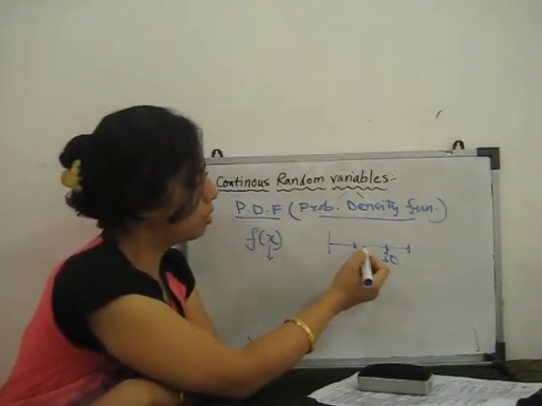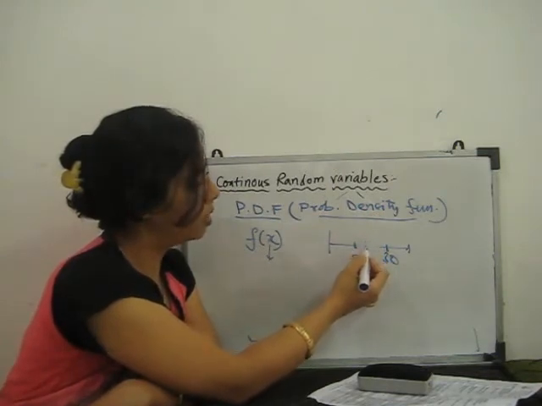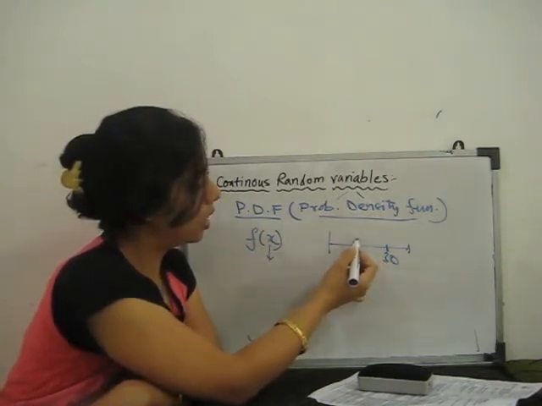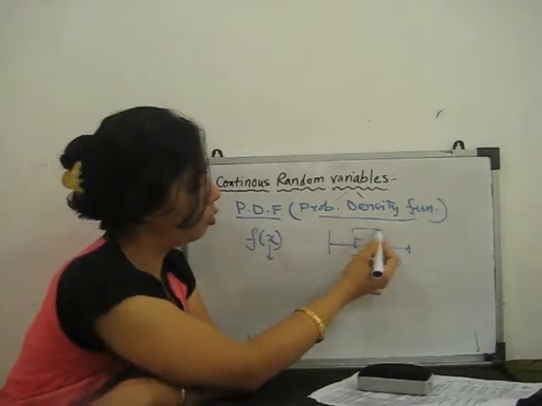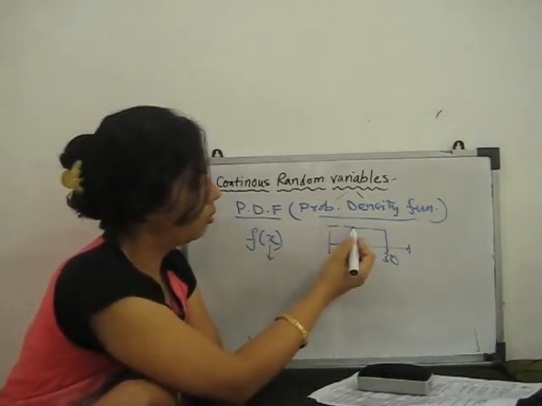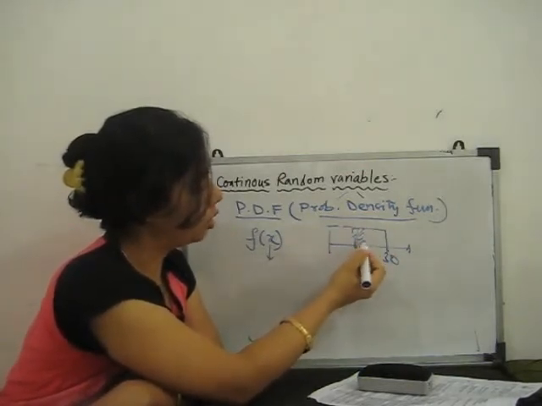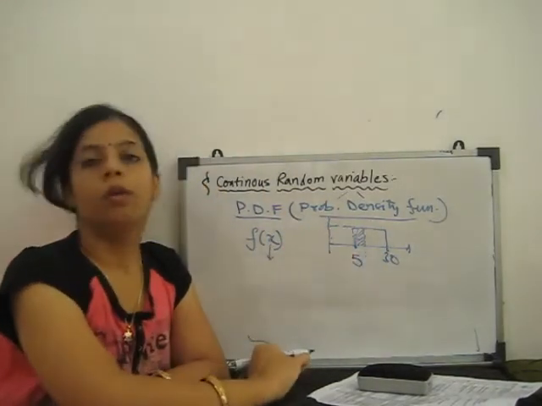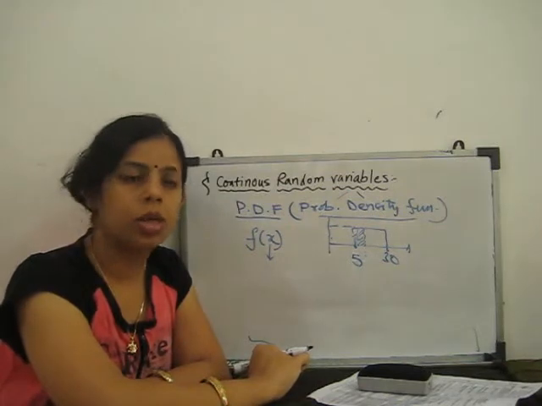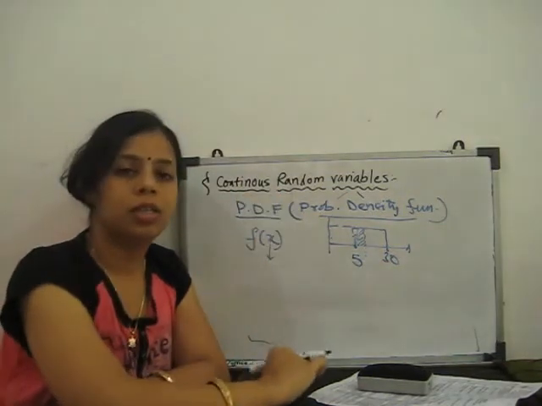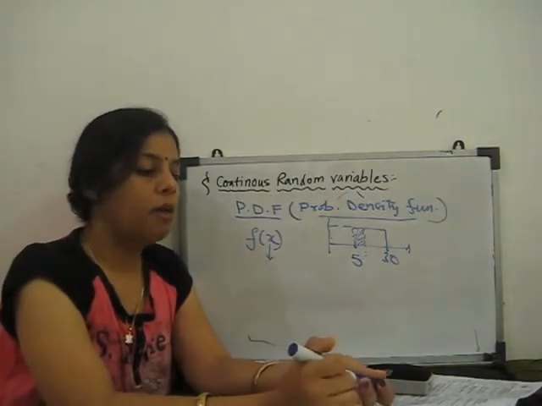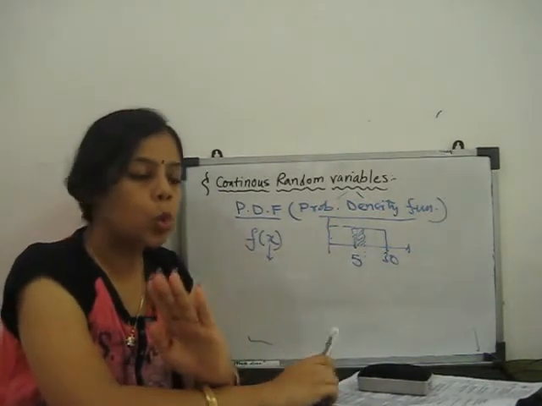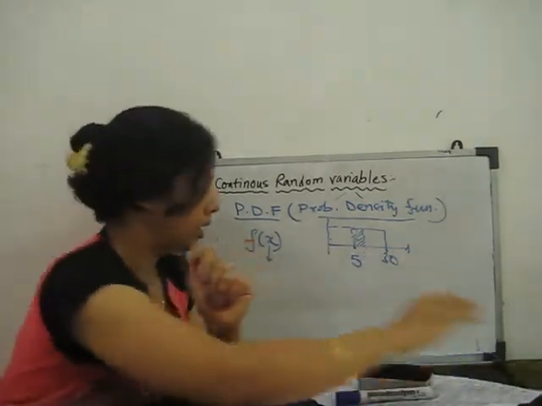Less than 10 minutes means our probability lies from here to here. Our area is this probability and we have to find it. Clear?